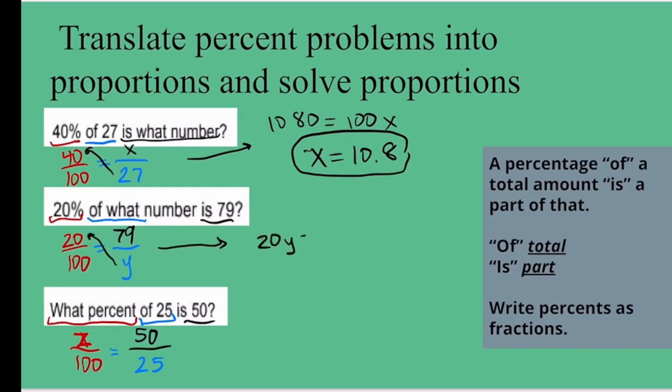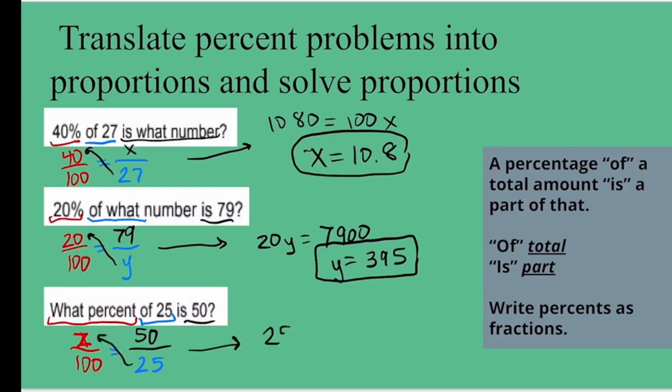We get 20y equals 7,900. 7,900 divided by 20, we have 395, which is a whole, so that should typically be larger than 79. And then the third one, same process, 25 times z equals 5,000. And if we divide by 25, we get 200.